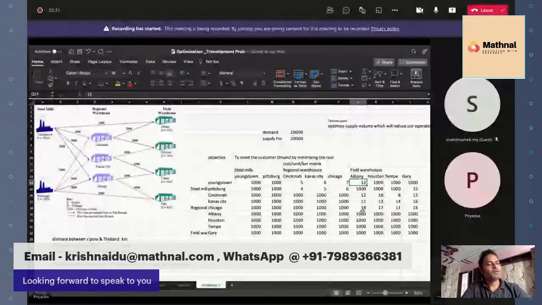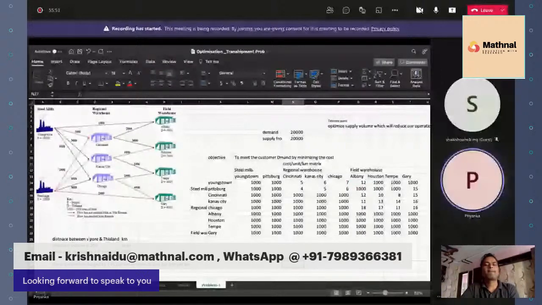Now we'll build our allocation matrix. Volume allocation matrix. So the matrix is clear. The cost per unit per kilometer matrix is clear. Yes, good.